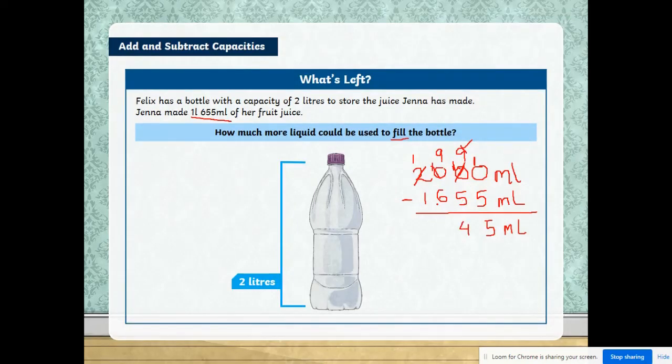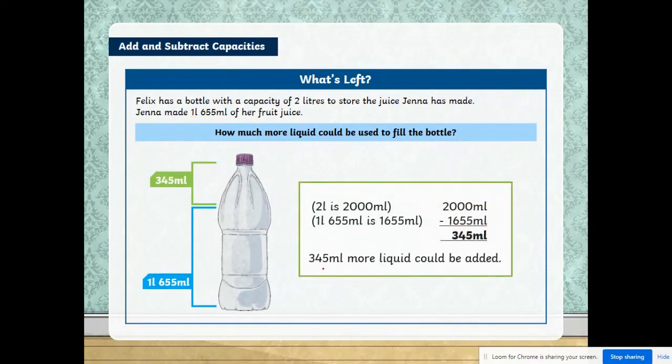Now I'm going to do 9 minus 6, which will give me 3. And here I get 1 minus 1, which will give me 0. So my answer is 345 milliliters. So 345 milliliters more liquid could be added to the bottle.